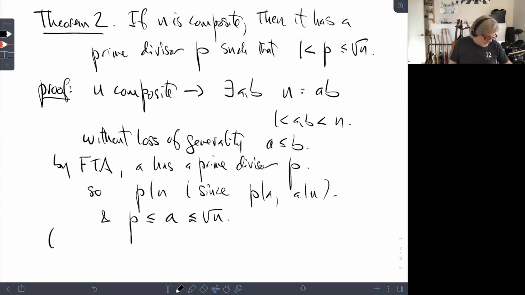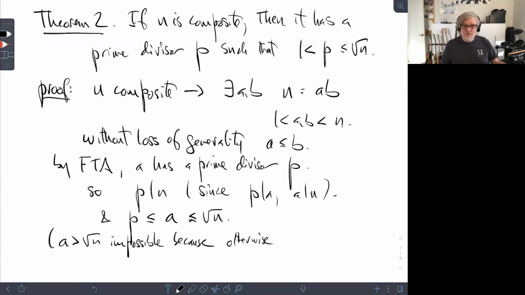So a bigger than root n is impossible, because otherwise, this is a little proof by contradiction, if a is bigger than root n, then b is bigger or equal to a, bigger than root n. So a and b are strictly bigger than root n, so a times b is strictly bigger than root n times root n, which is n. That's a contradiction.